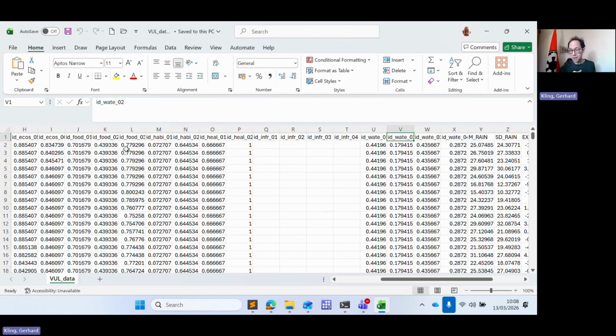In practice, many indices are constructed kind of without any justification. So it's very, very common, for instance, to have equally weighted indices. You see them all the time. Yeah, so for instance, the Human Development Index takes the log of GDP per capita, so that's a measure of economic development.